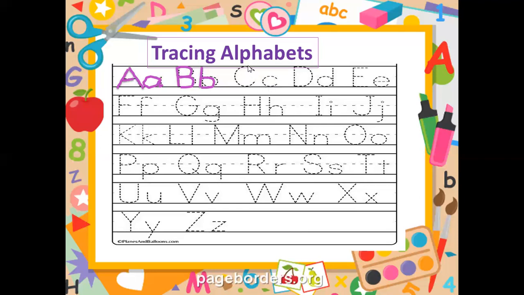And you will just draw a complete curve. Start from the top. Look here, start from the top, just like this, a complete curved line. And then again, a complete curved line in the opposite direction, okay?